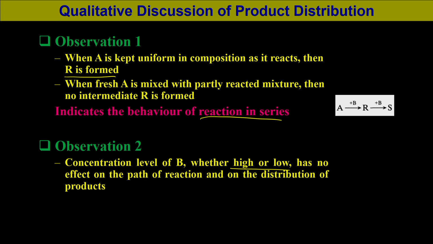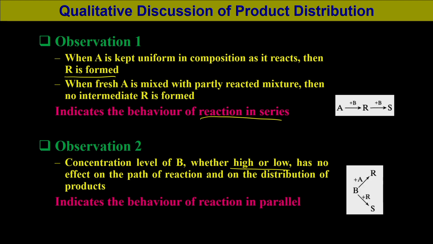So, this indicates the behavior of reaction in parallel: A to R and R to S, with addition of B, follow different reaction paths, and so it is considered a parallel reaction.